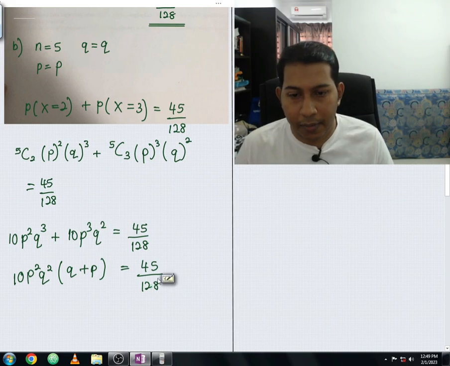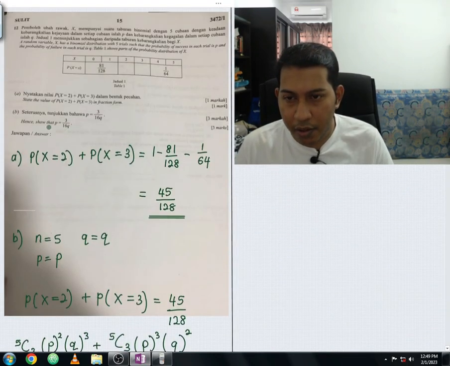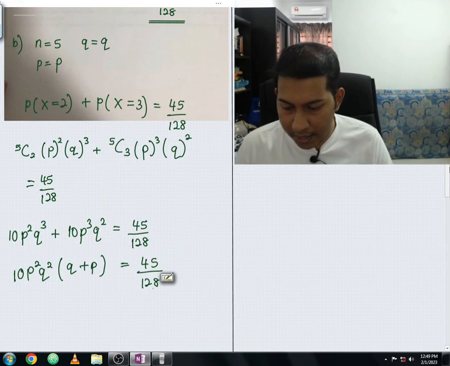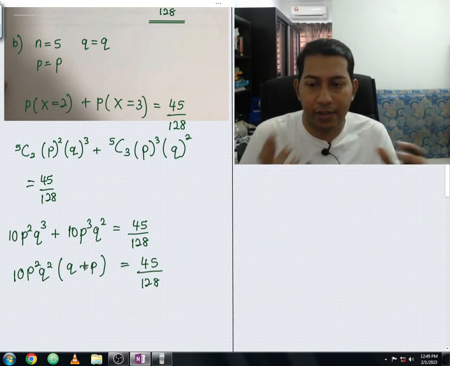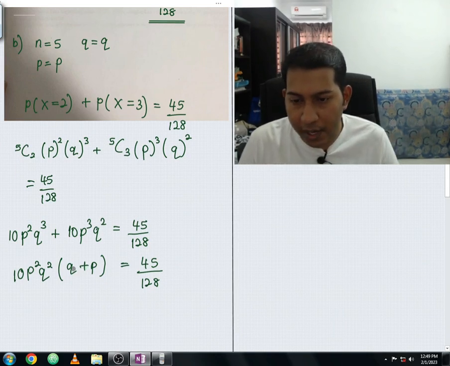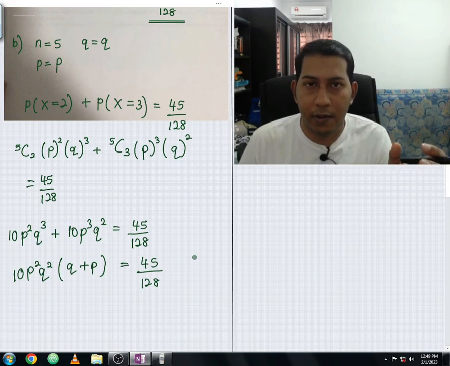But at the end, you need to show that p equals 3 over 16q. But over here you have q plus p, so we're trying to standardize the equation. This q we can also equate to 1 minus p, right? The probability of failure equals 1 minus the probability of success.